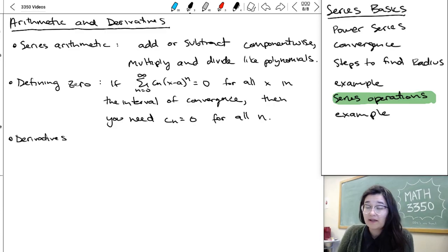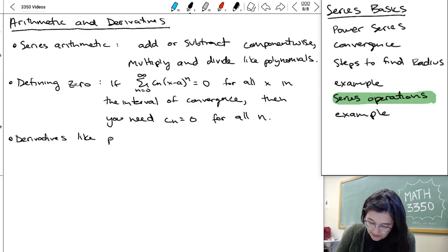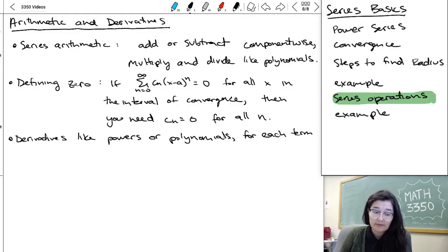And then when we take derivatives, which is going to be very important, we just do that like a regular power or polynomial. And it happens for each term.